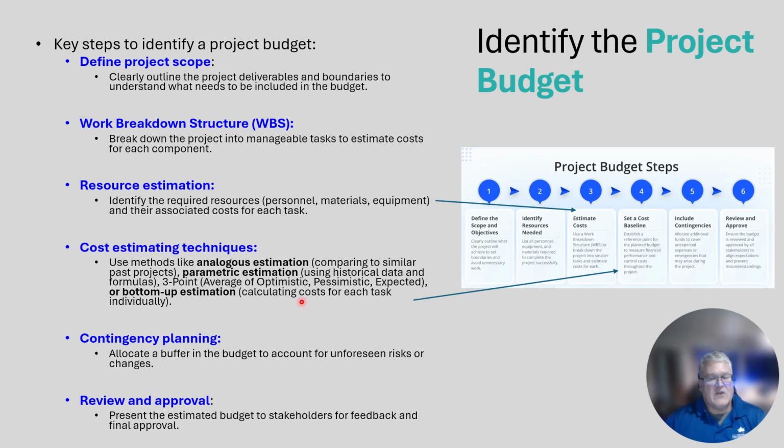Okay, we've already talked about these: the analogous, the parametric, and bottom-up estimates. And we have contingency planning, that it's a little bit separate, but this is part of the budgeting process. And then you'll have a review and approval, and typically your project team's going to look it over. Then you go back to the project sponsor, and the project sponsor is going to go, yeah, okay, we'll live with that, and let's move on.